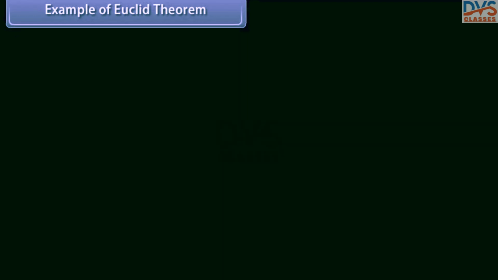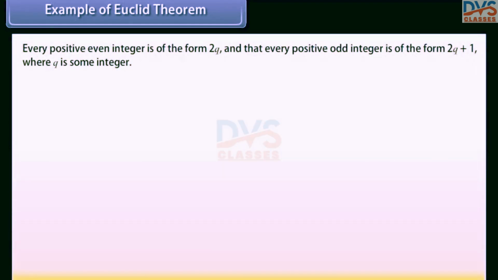Example of Euclid's theorem. Let us now prove that every positive even integer is of the form 2q and that every positive odd integer is of the form 2q plus 1, where q is some integer. Solution. Let a be any positive integer and b is equal to 2.